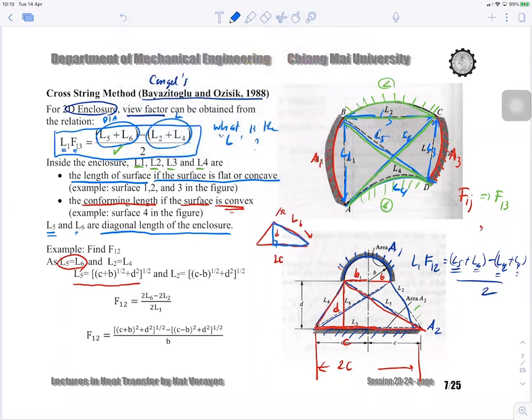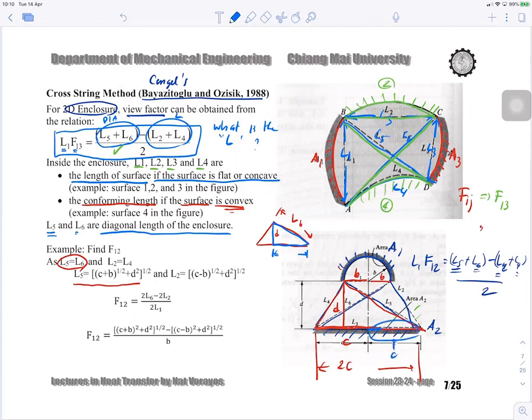The angle is this 90 degrees, so you can use the Pythagorean theorem. How much is this blue one?